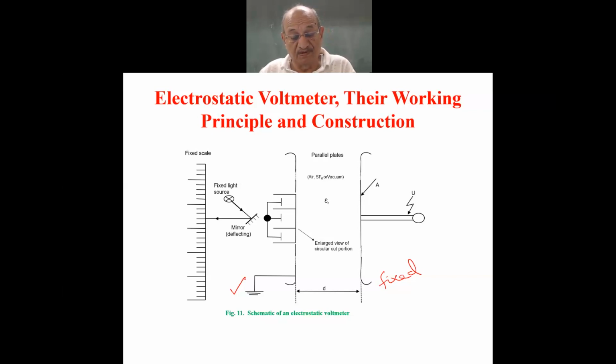So the grounded electrode is movable and is fixed for the desired range of voltage measurement. It may have to be changed. You can imagine this can measure from a few hundred volts to more than 1000 kV, so you have to vary the gap distance between the two plates for the range of measurement.